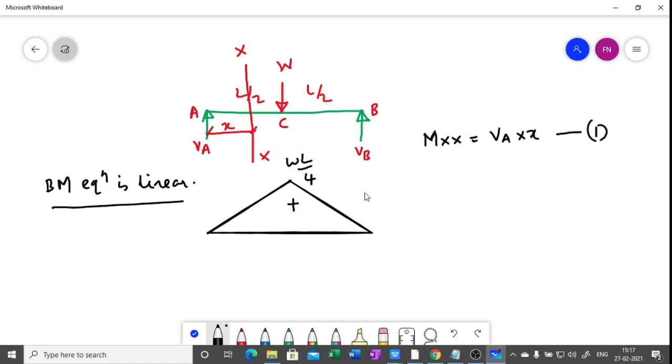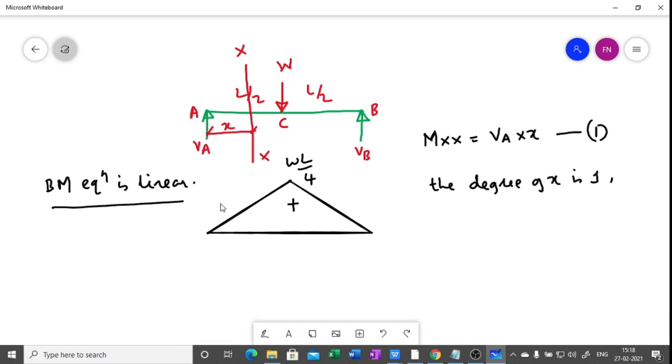You see, in equation number 1, the degree of x is 1. It indicates that the equation is linear and hence the bending moment diagram is also linear. So this is the reason why the bending moment diagram is a straight line for a beam which is subjected to point load.